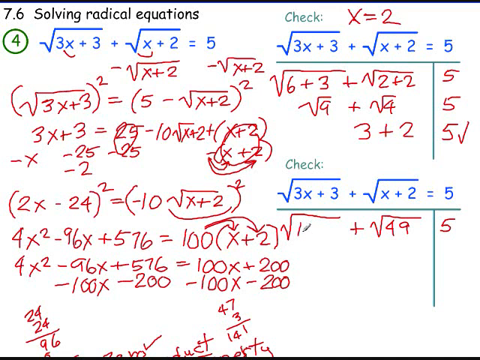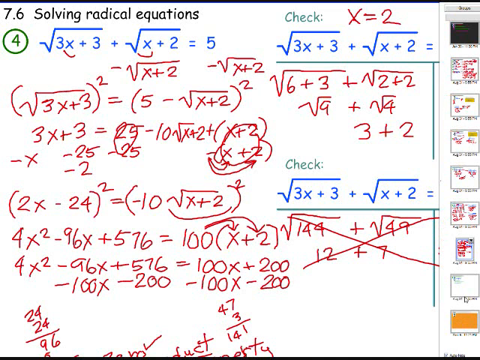Oh, this works out actually to a perfect square. That's very nice. The square root of 144 and the square root of 49. Oh, but there's no way that's going to equal 5. No way. No, that was extraneous. What a problem.